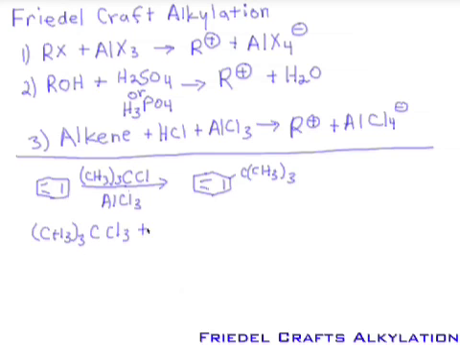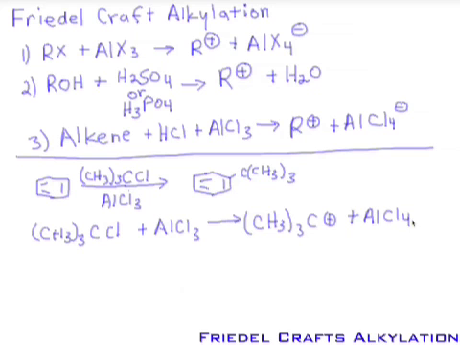The Lewis acid, AlCl3, reacts with tert-butyl chloride and removes the chlorine, yielding tert-butyl carbocation plus AlCl4 minus. The tert-butyl carbocation reacts with benzene.